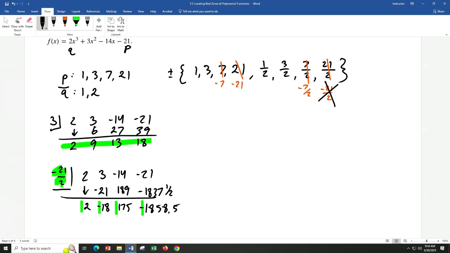The lower bound is negative 10 and a half. It can't be anything smaller than that. So I've also gotten rid of the negative 21. Now all I have left here is plus or minus 1, plus or minus 3, plus or minus 1/2, and plus or minus 3 over 2.